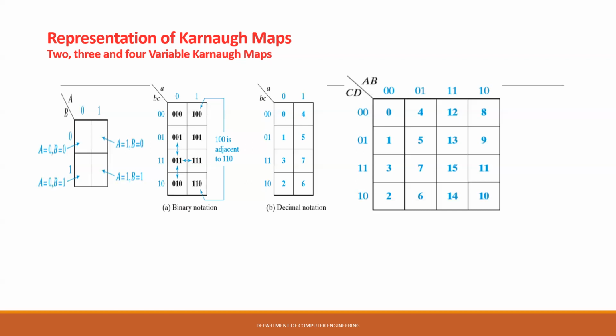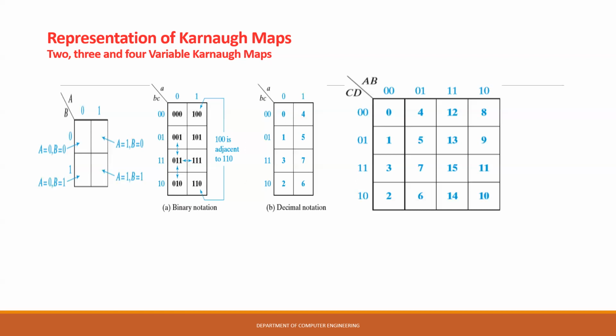As row 0 and 1 is indicated for A as well as for B, 0 and 1 are represented. That's why the first cell, or we can say the 0th cell, is represented by A0, B0, that is 0, 0.